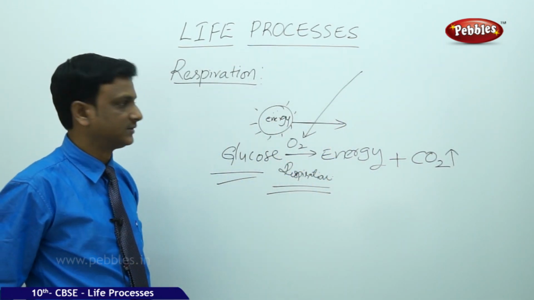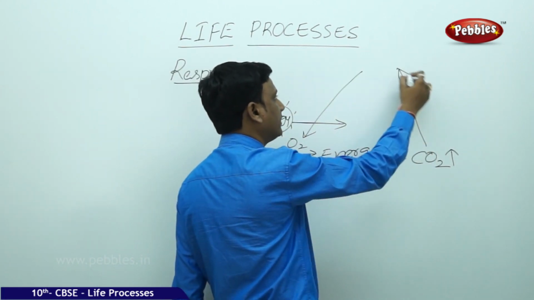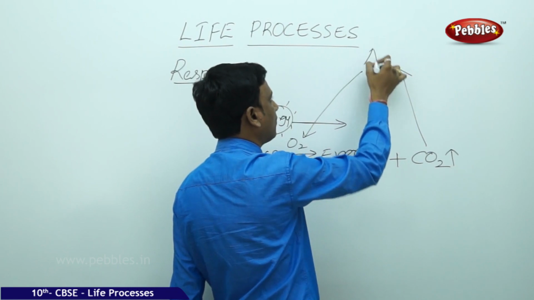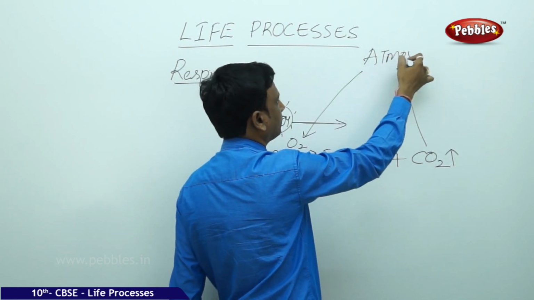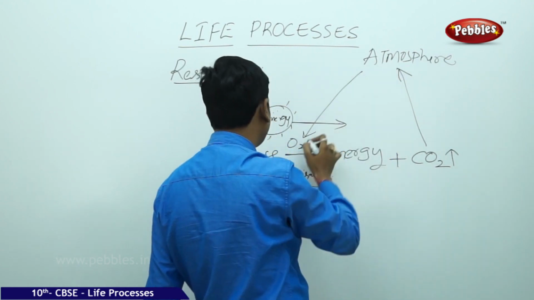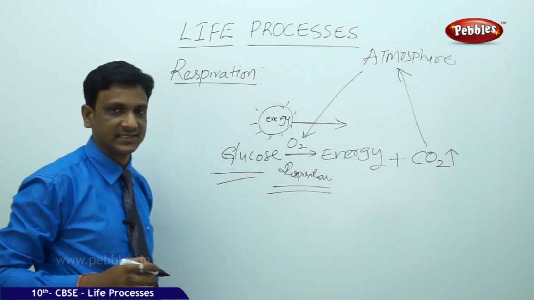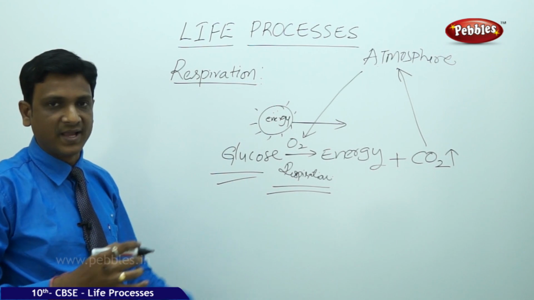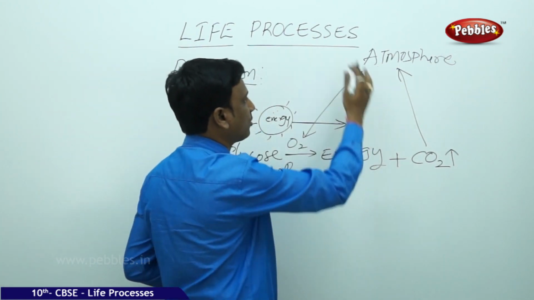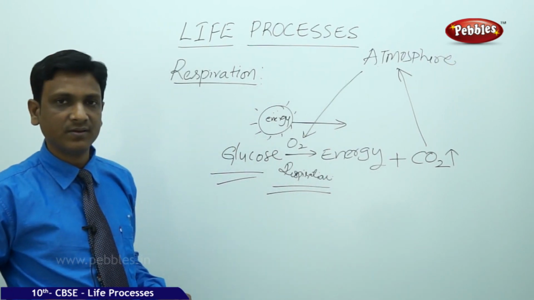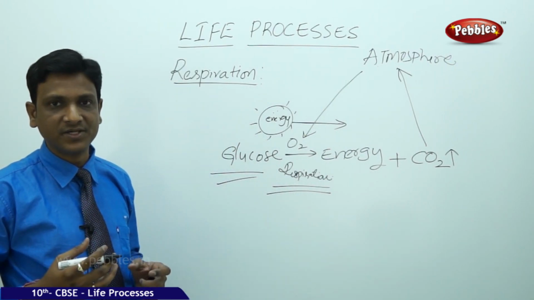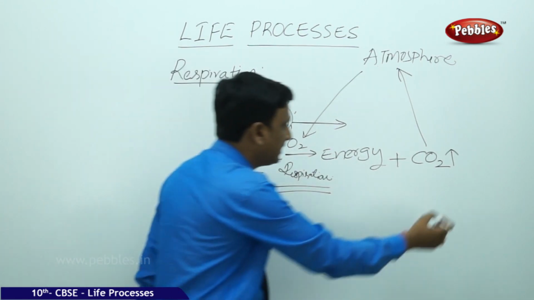This carbon dioxide has to be sent out of our body, into the atmosphere, whereas from the atmosphere, oxygen has to be taken in to our cells. So some gases are required by the cells, and some gas has to be sent out of the cell. This is achieved by breathing.